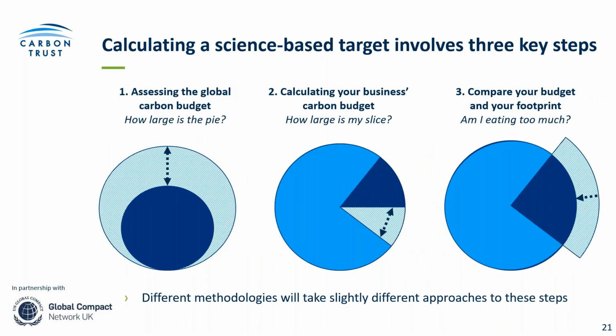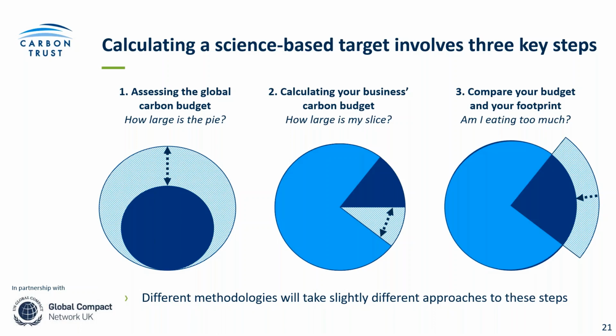Next slide, please. So just very quickly about methodology. If you're looking to calculate a science-based target, essentially there are 3 steps that have to be followed. All the guidance is up on the SBTi website with more detail, but just to give you an overview. Step 1, which the methodologies and work has already done, is assessing the global carbon budget.